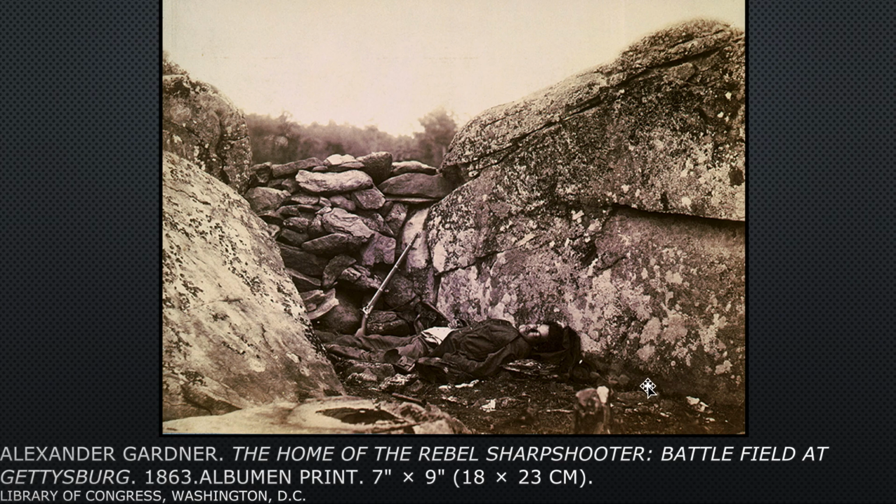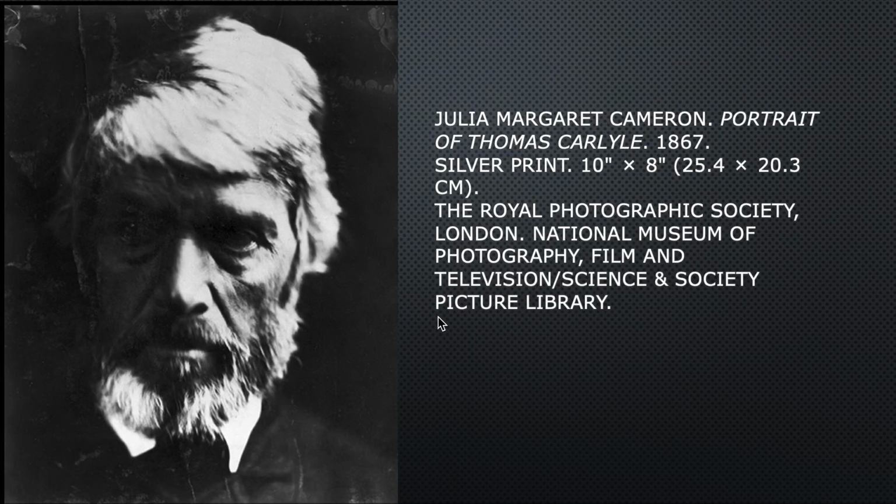He moved the body into this place between these rocks and this little man-made barricade here. He moved him in there to make a more interesting photograph, so he composed it artificially. But it is real rocks and a real dead person with a real gun.